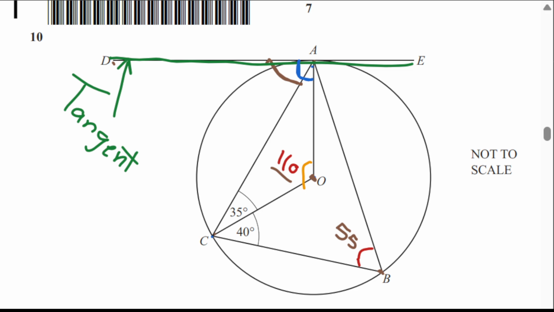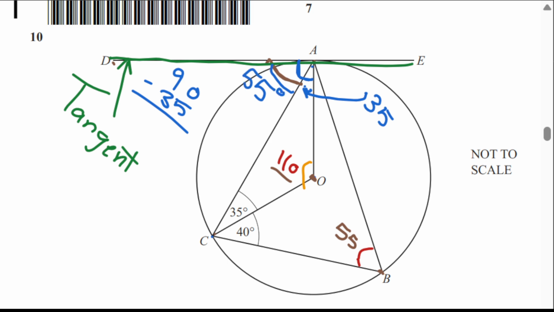And if this is 90, and we already found this one here, do you remember? It's 35. So we can find this easily. So this angle is just 90 minus 35. No calculator. So 90 minus 30 is 60. So 90 minus 35 is 55. Ta-da! So we got this angle.